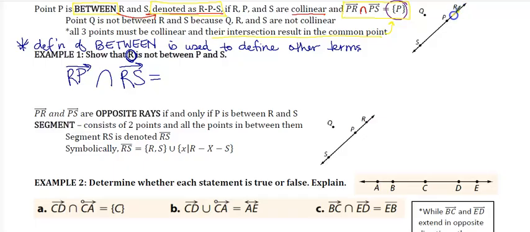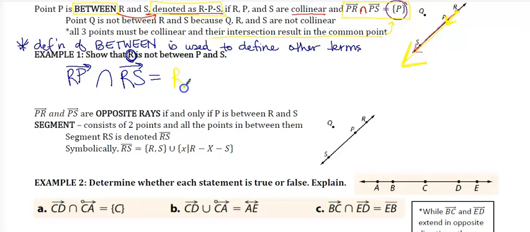I want to take you back for just a minute and remind you that we learned that even though this ray only went to P, because that arrow keeps going, it actually goes on for infinity. So where is the intersection of ray RP and ray RS?